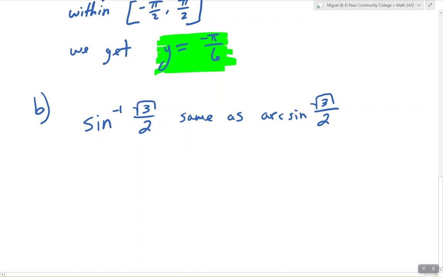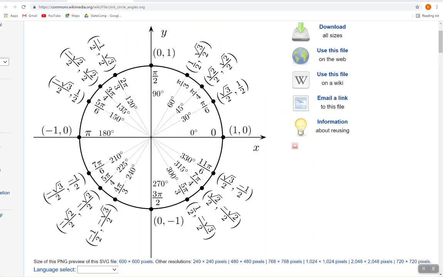So we know that sine of y will give us that. Sine, of course, is the y coordinate, right? We need square root of 3 over 2, but we already know that we have to stay in the right side. Right? So what angle is it? π/3, yeah, that's good.